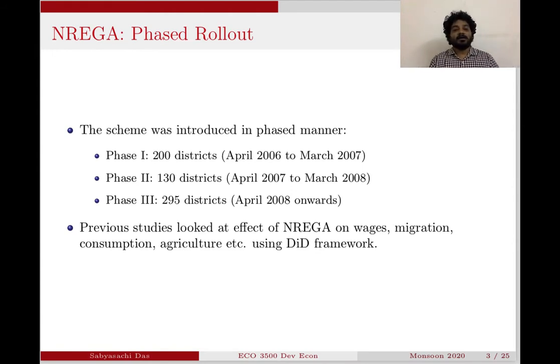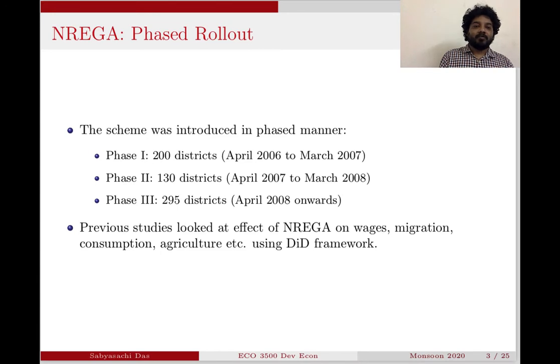And then another 295 districts were introduced in April 2008. Right? So in 3 years, 2006, 7, 8, three chunks of districts were added. And by the end of the third phase, very few districts were left. So it pretty much covered all of India by April 2008.